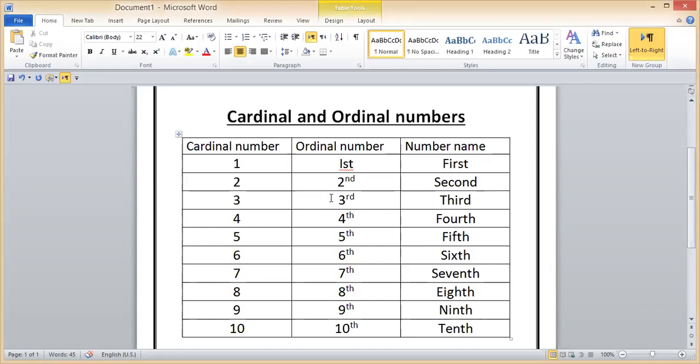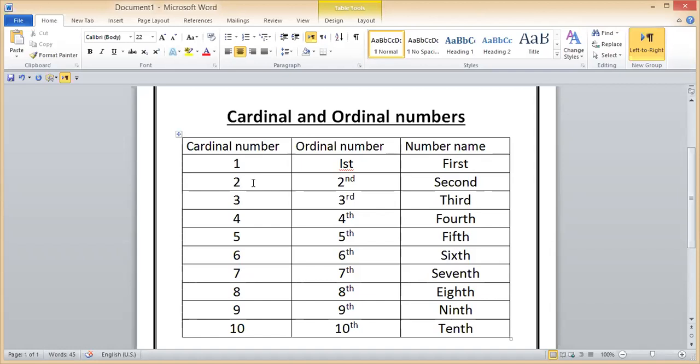Don't need to worry, guys. I will explain again. Cardinal number you use for counting. Ordinal number you use for telling the position or order of something. And if you need to write its number name, this is how you will write. Let's suppose you check on which floor you live.